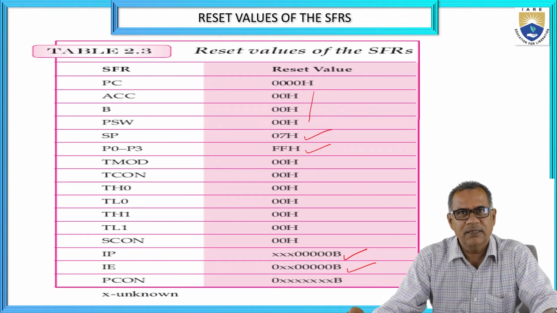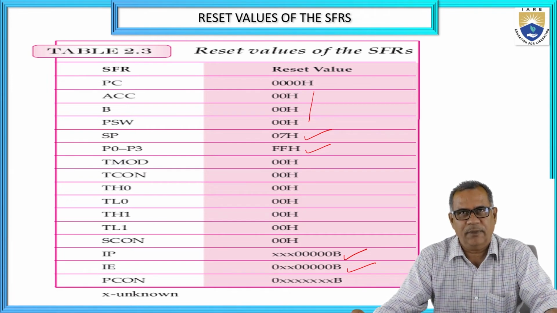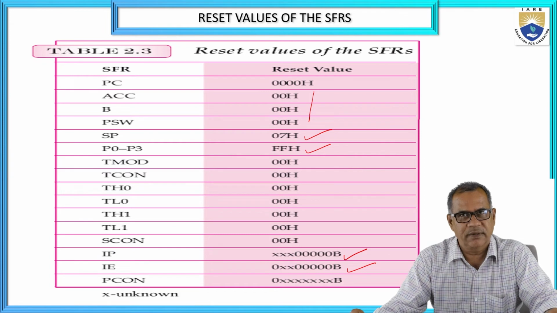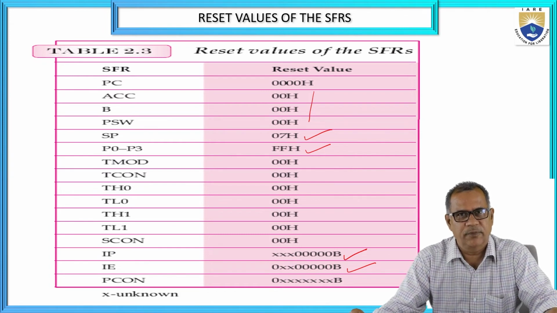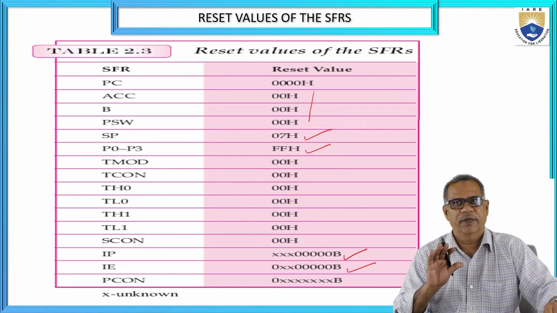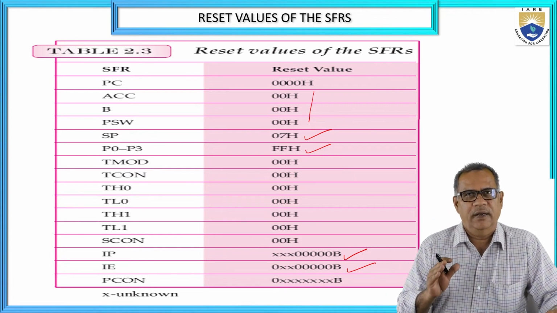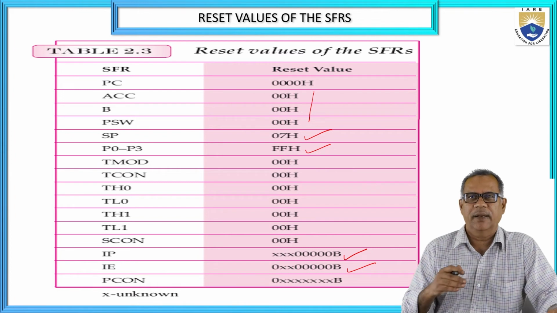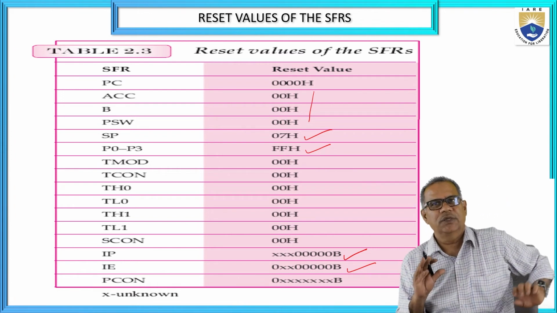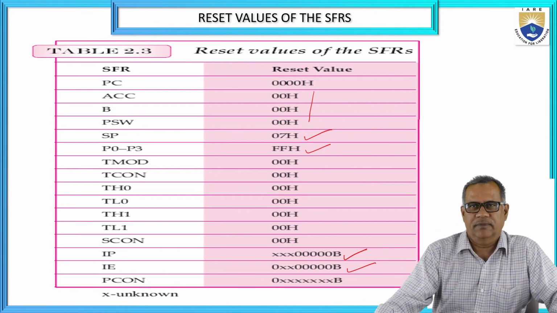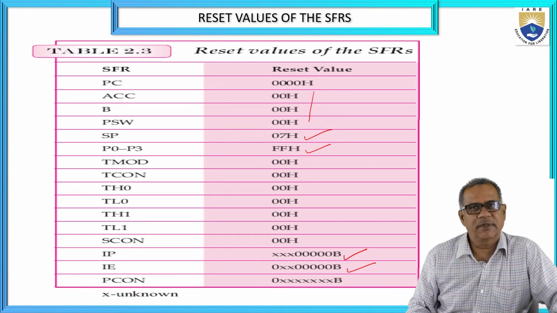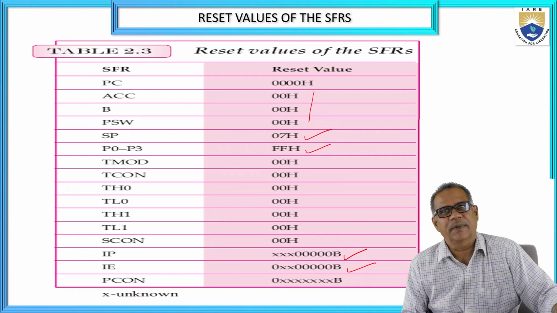So mostly all the registers are initialized to 00 when reset is pressed. But the stack pointer is initialized with 07H, and the 8-bit ports P0, P1, P2, P3 are initialized to FF. The interrupt priority register and interrupt enable register are initialized to 00H. The timers, of course, are initialized to all zeros.